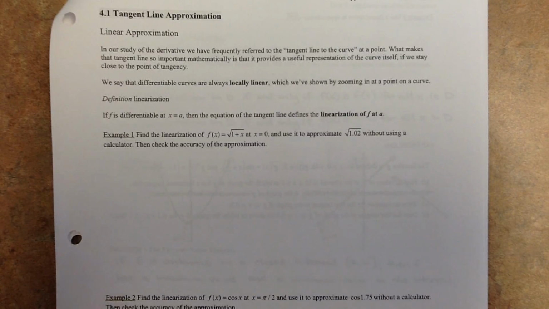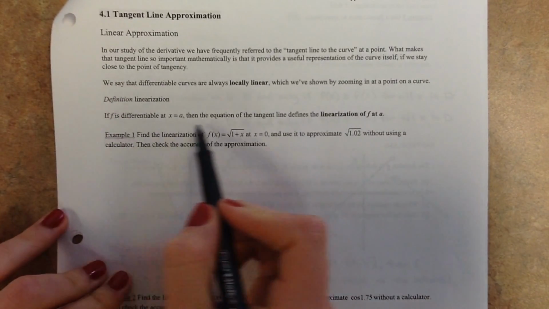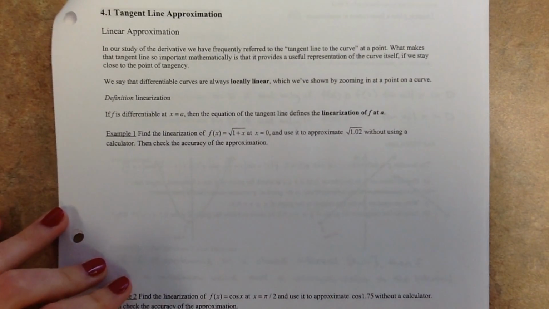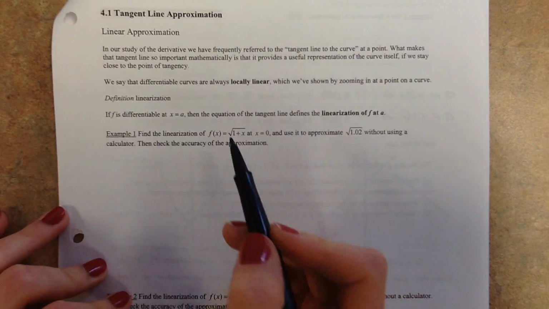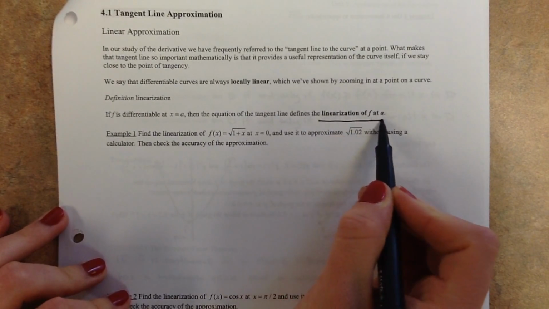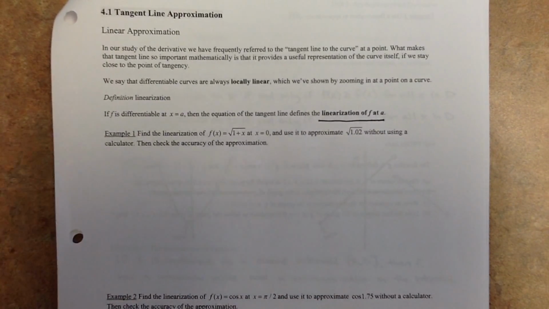All right, so linearization, we are talking about this whole idea of using tangent lines. This is pretty much the definition right here. If f is differentiable, notice that's usually a precursor to whatever we're going to use, then the equation of the tangent line is the linearization. Linearization basically means to make linear.